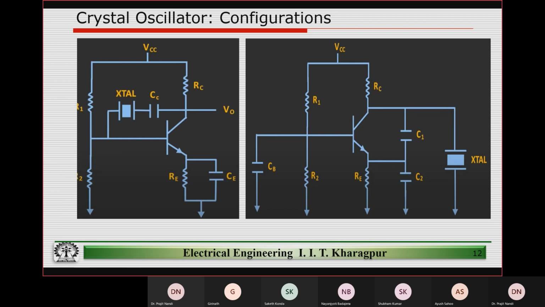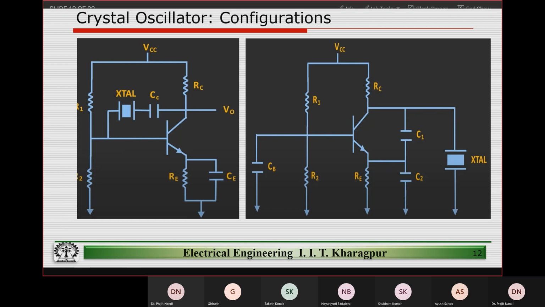Any guesses why? Intuitively, why do you think it is going to resonate there and not at the second frequency? Just take a shot. Anyone, guys? See where the crystal is connected.